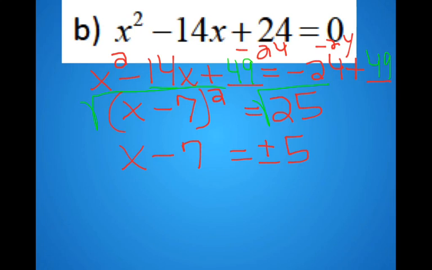And then the last step is to get rid of the minus 7 by adding it. So x equals a positive 7 plus and minus 5. So we have two answers out of this, 7 plus 5, which is 12, and we have 7 minus 5, which is 2. So we have two different answers there, 12 and 2.